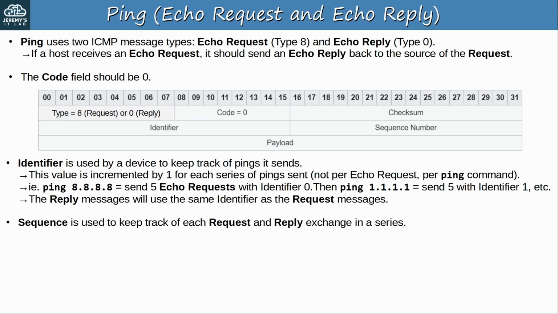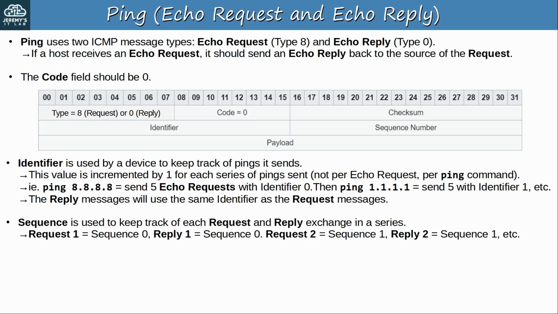Then, the sequence is used to keep track of each request and reply exchange in a series. So let's say you ping 8.8.8.8 and send 5 echo requests. Request 1 will have sequence 0, and so will reply 1. Request 2 will have sequence 1, and reply 2 will also have sequence 1, etc. It should match between each request and reply.